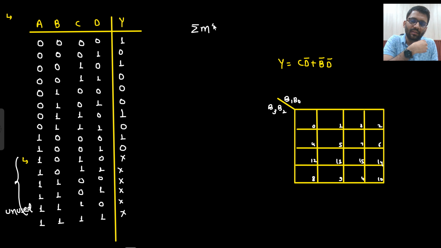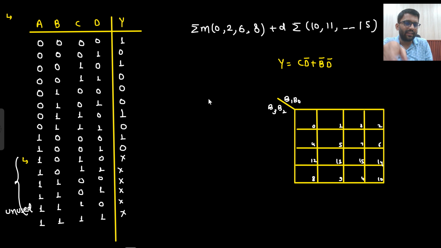Minterms are 0, 2, 6, 8. 1 wouldn't be there, 3, 4, 5, 7 wouldn't be there, and 9 will also not be there, right? And don't cares are 10, 11 till 15.